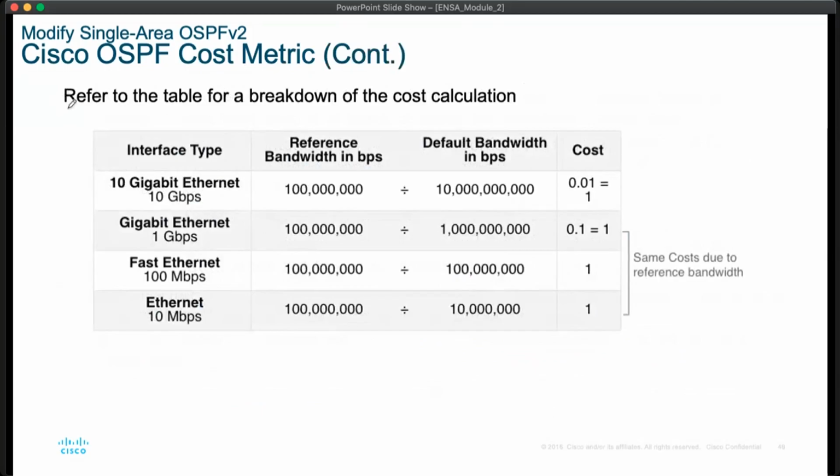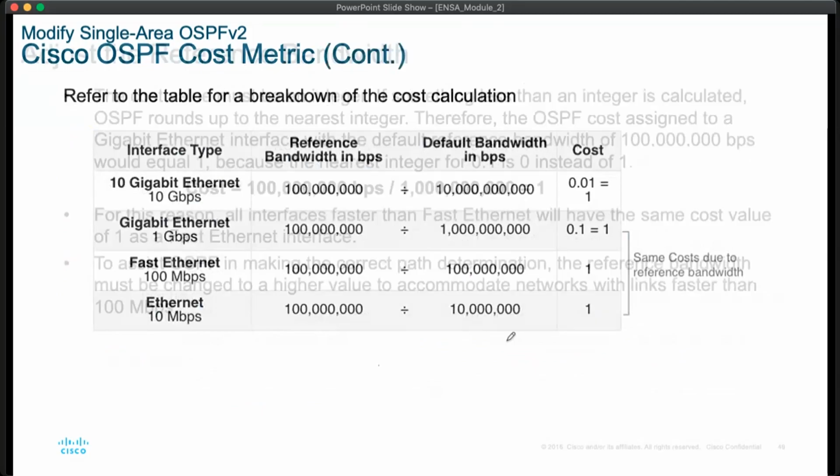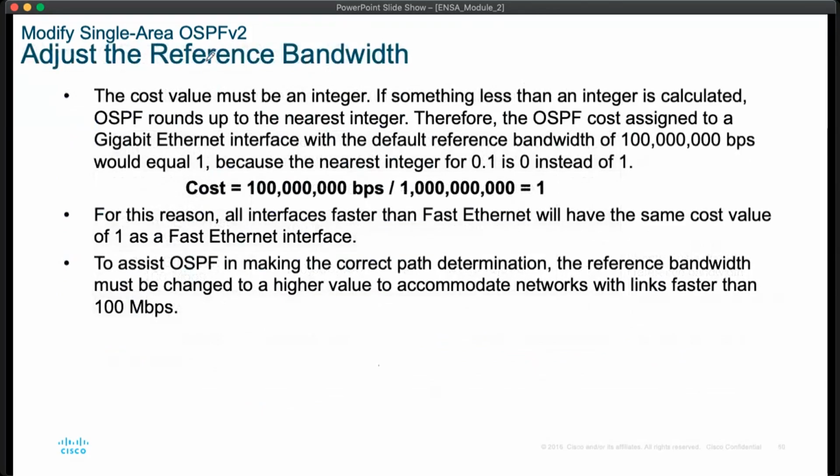Refer to the table for the breakdown of the cost calculation. Adjust the reference bandwidth. The cost value must be an integer. If something less than an integer is calculated, OSPF rounds up to the nearest integer.